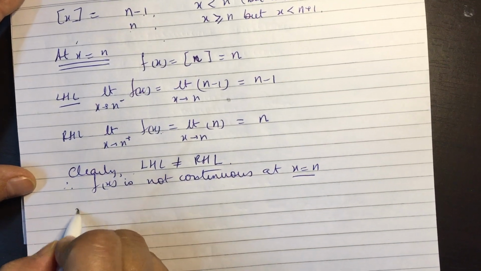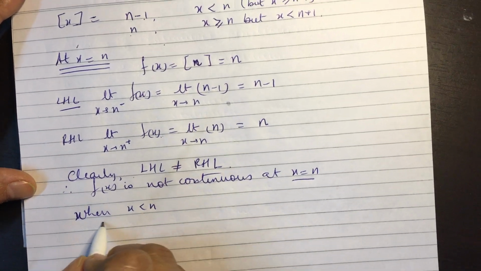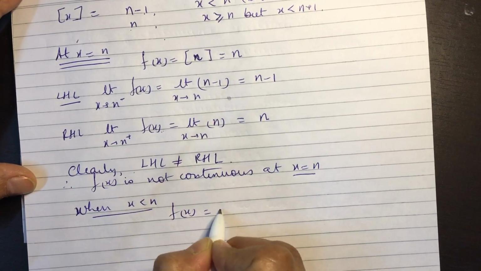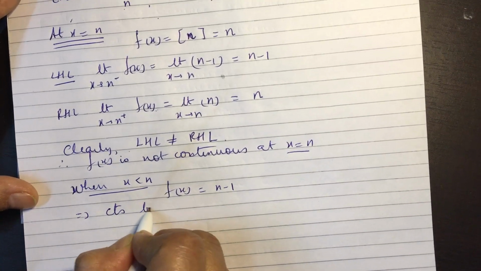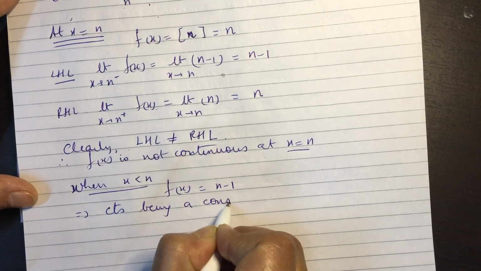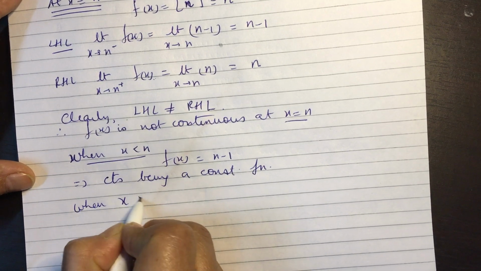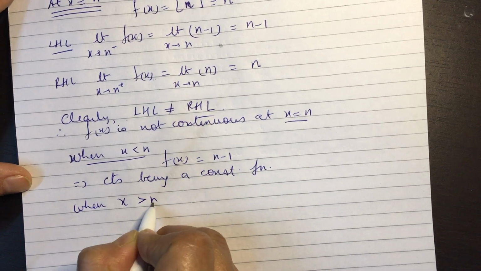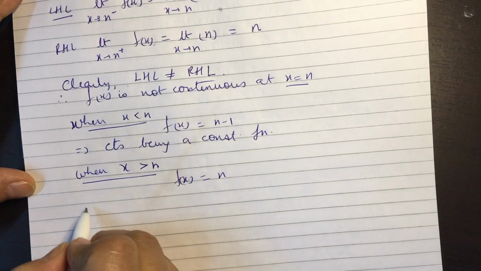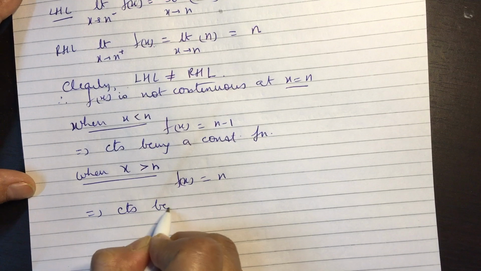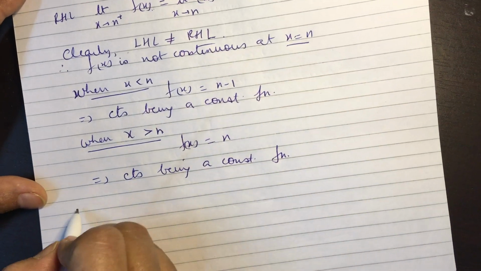Whereas when x is less than n, the definition of the function is n minus 1, which is continuous being a constant function. When x is greater than n, f(x) is defined to be n, which is again continuous being a constant function.